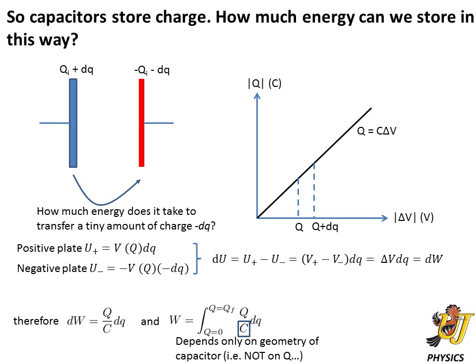We note that the capacitance is a constant, as we have shown in an earlier slide that the capacitance of a capacitor only depends on the geometry of the capacitor itself. Therefore, this is a relatively simple integral to solve. It's the integral of q dq, which evaluates to this expression, which now gives us the amount of energy that we can store in a capacitor if we know the amount of charge it carries.